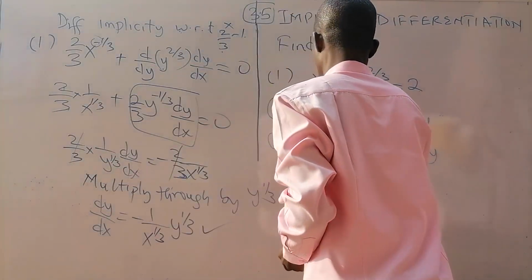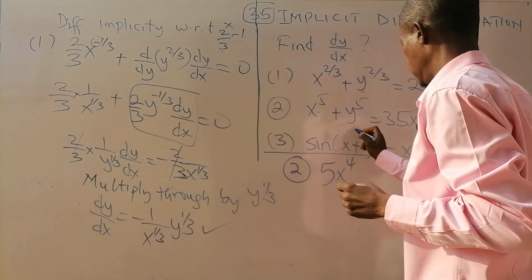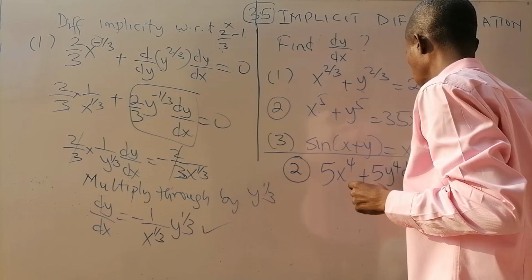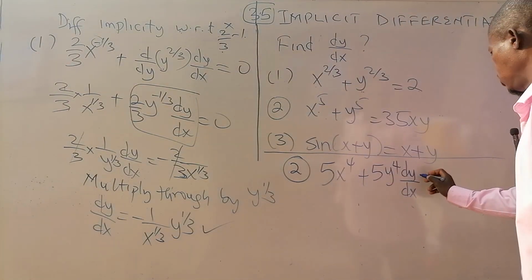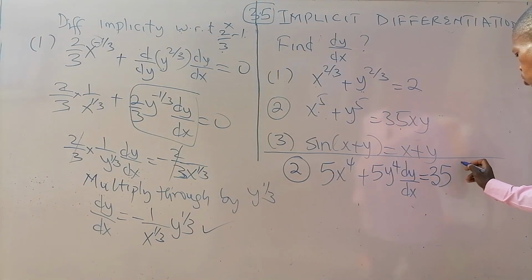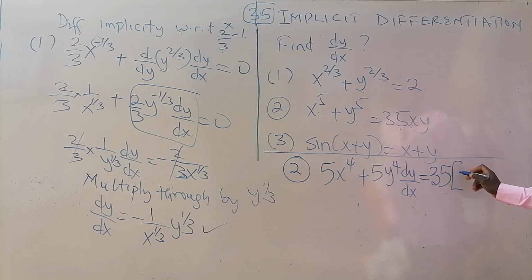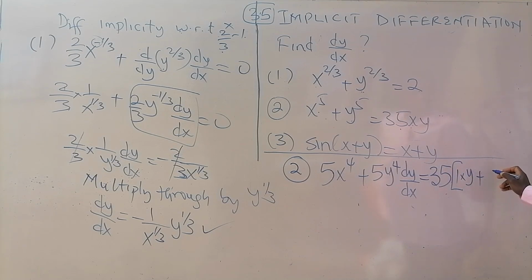Number 2, do the same thing. This will be 5x^4, and this one will be plus 5y^4 dy/dx. Do it the same way. That will be equal to, this one will be product rule. I'm going to take the 35 outside and open my brackets. So differentiate x, that'll be 1 times y, keeping y constant, then plus, keeping x constant now, differentiate y. Then you can open the brackets.